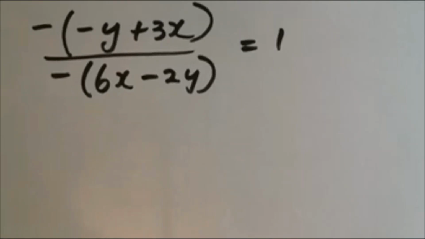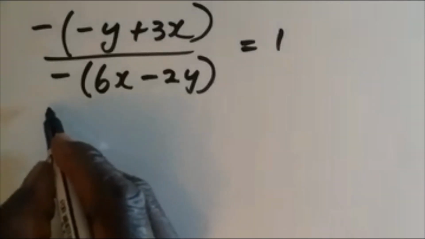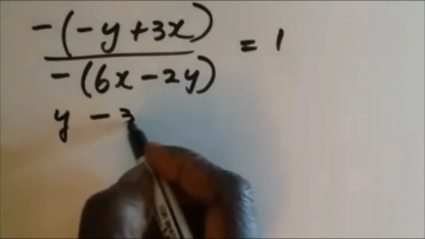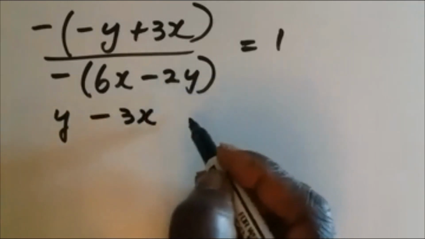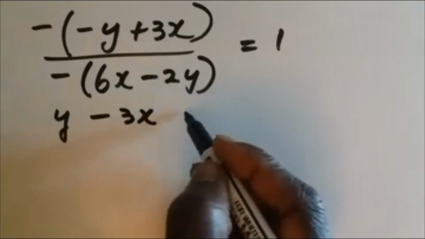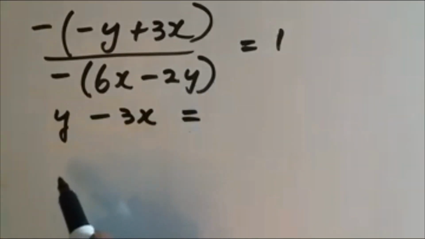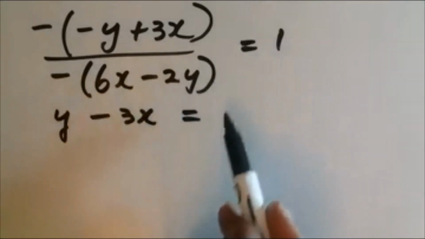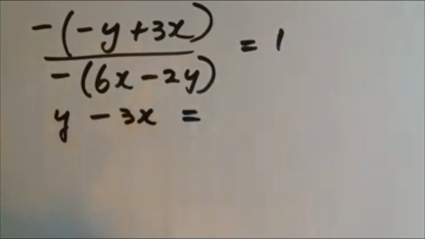Here's another question where we're asked to find the gradient and the y-intercept. We'll clear the brackets in both the numerator and the denominator and try to rearrange and simplify this. First, the numerator will have y minus 3x, and in the same swoop we'll clear the brackets in the denominator, multiply by 1, and we'll have it on the right hand side.